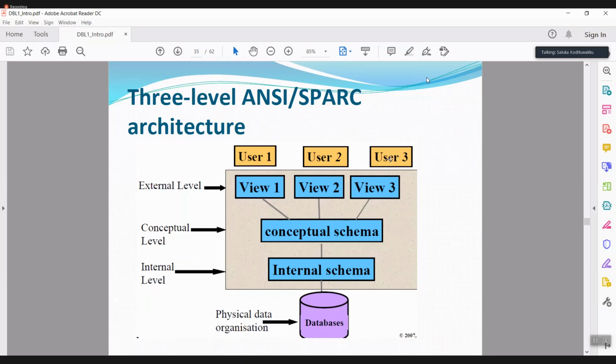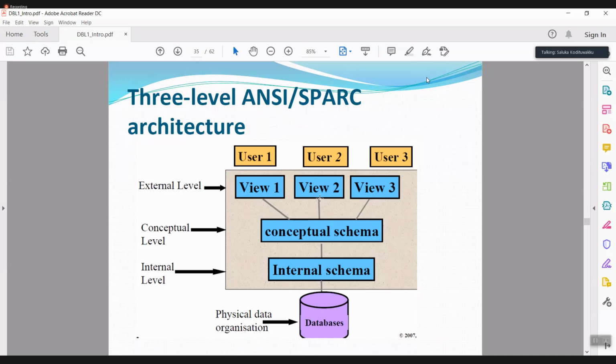That means the user can access the internal schema through the conceptual schema, because user 3's application program or view 3 is written based on the conceptual schema. That is why access goes through these levels, from top to bottom.